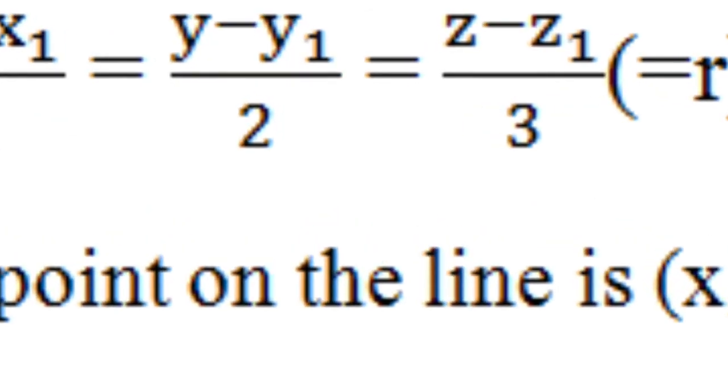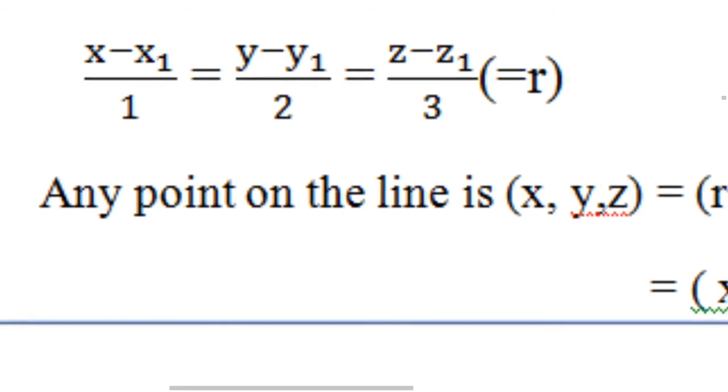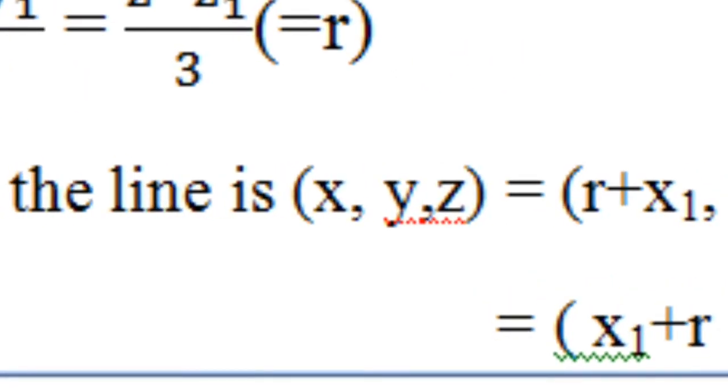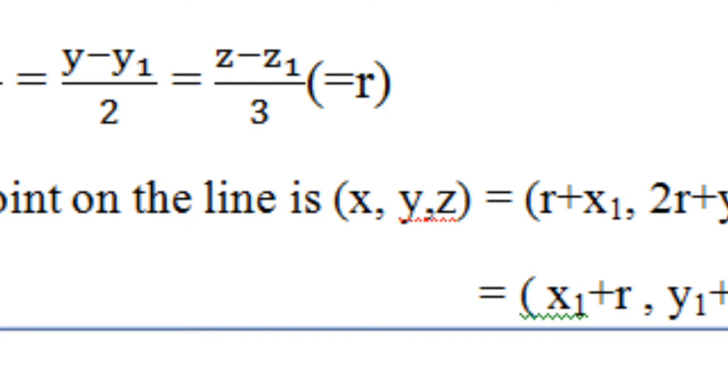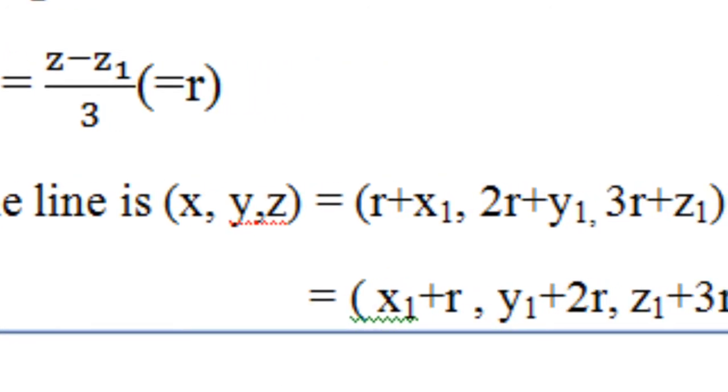Similarly, (y minus y1) by 2 is equal to r, so y is equal to 2r plus y1. Similarly, (z minus z1) by 3 is equal to r, so z is equal to 3r, and cross multiplying, minus z1 becomes plus z1. That means any point on the line is (r plus x1, 2r plus y1, 3r plus z1), which is nothing but (x1 plus r, y1 plus 2r, z1 plus 3r).